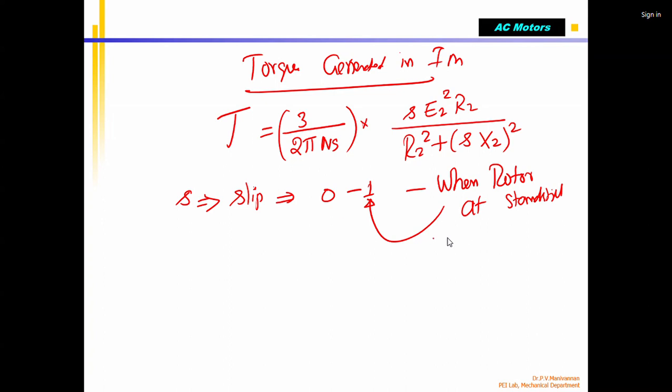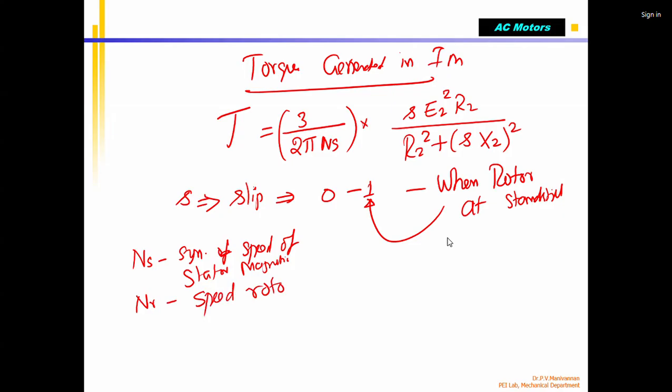We have two speeds. One is called the synchronous speed, the speed of the stator magnetic field. The other one is the rotor speed, the speed of the rotor. The speed of the rotor is always lesser than the synchronous speed. That depends upon the slip value. When slip is 1, the difference is maximum.